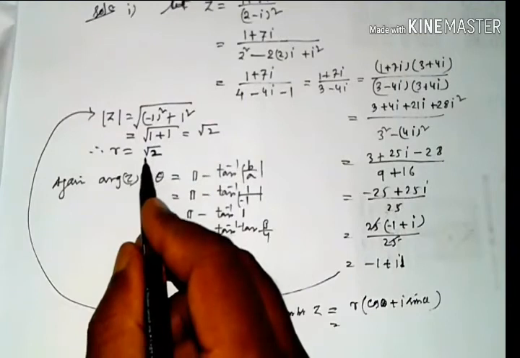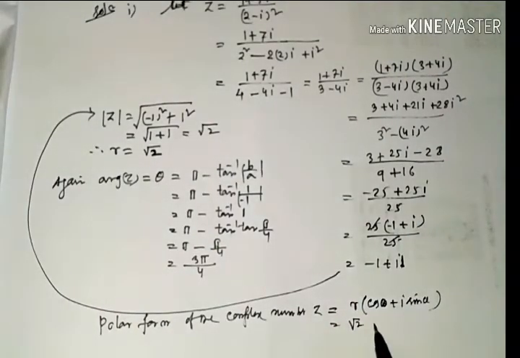What R is, that is root 2. Root 2 cos 3 pi by 4 plus i sin 3 pi by 4. This is the problem number 1.